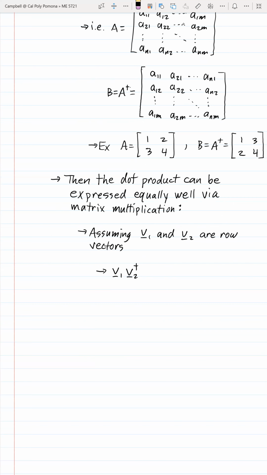this multiplication is matrix multiplication. We have V1 comma 1, V2 comma 1, all the way on out to Vn comma 1. And then all of that multiplying V1 comma 2, V2 comma 2, all the way down to Vn comma 2.